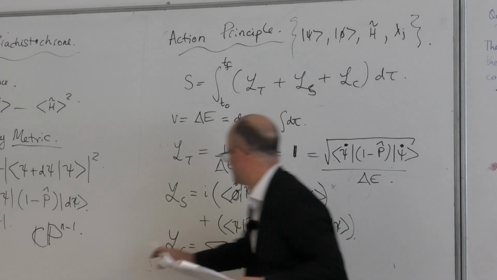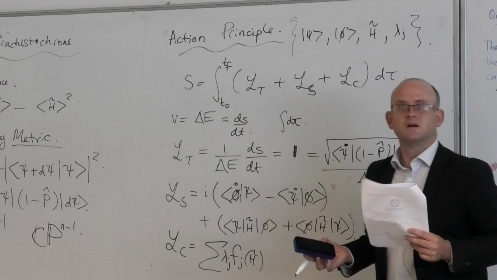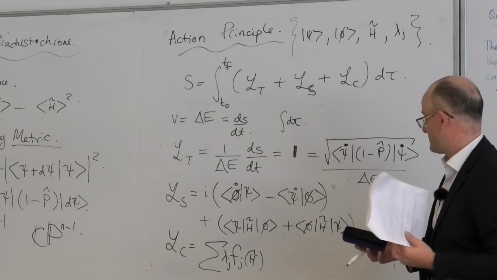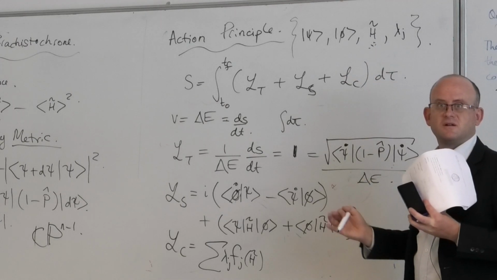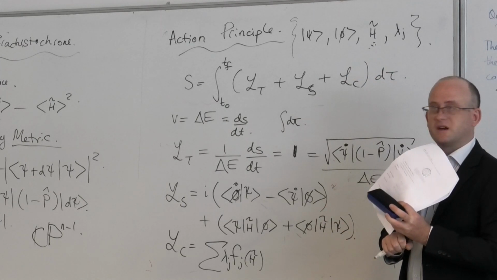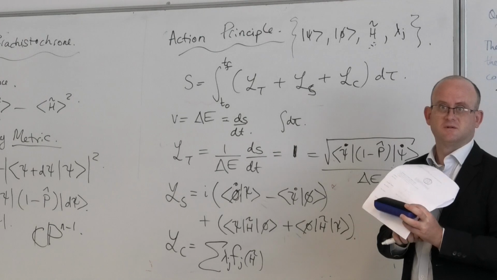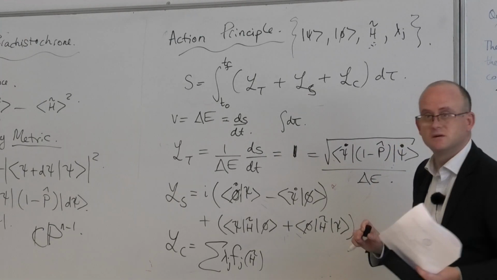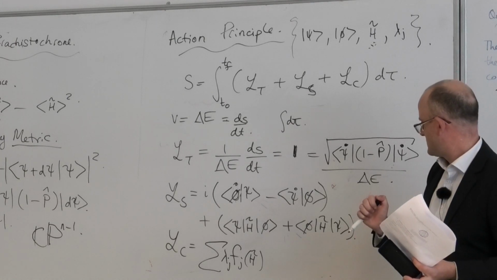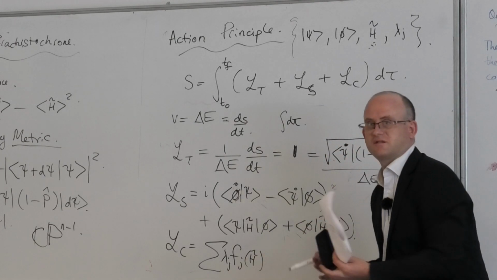But now, F_j, because H tilde is a variable. You've got lambda j and F_j there. F_j of H, sorry.